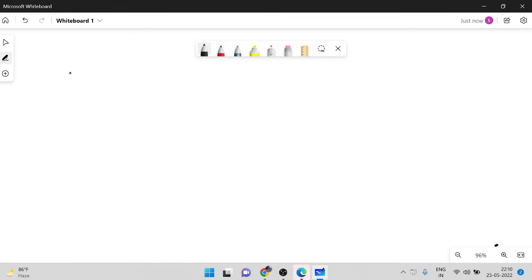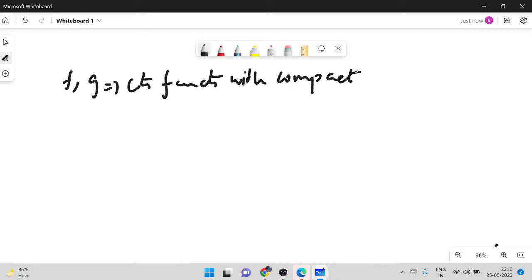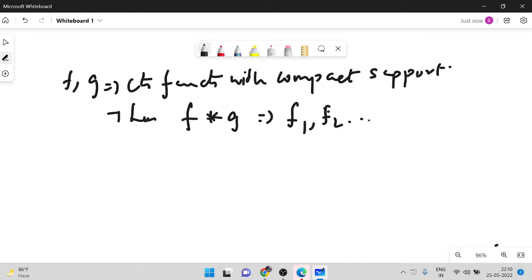Further, if f, g are continuous functions with compact support, then f star g is well defined. And if you take continuous functions f1, f2, and so on till fn with compact support, even their convolution is well defined.